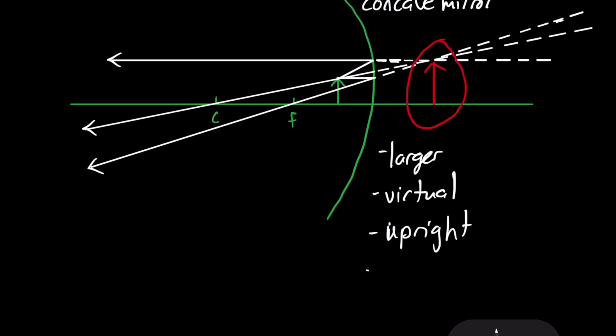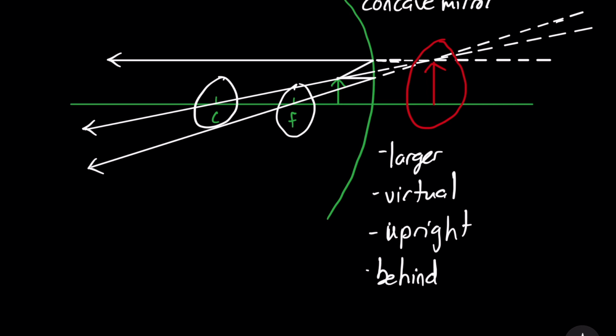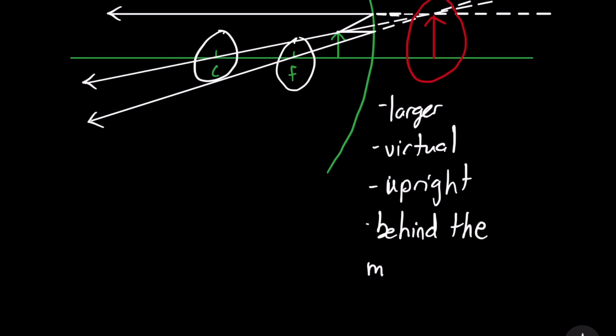And our position, because we don't have our focal point, or our center of curvature on the side of our image, we can just write behind the mirror, because the mirror is the only thing we can compare our position to. So we can just write behind the mirror.